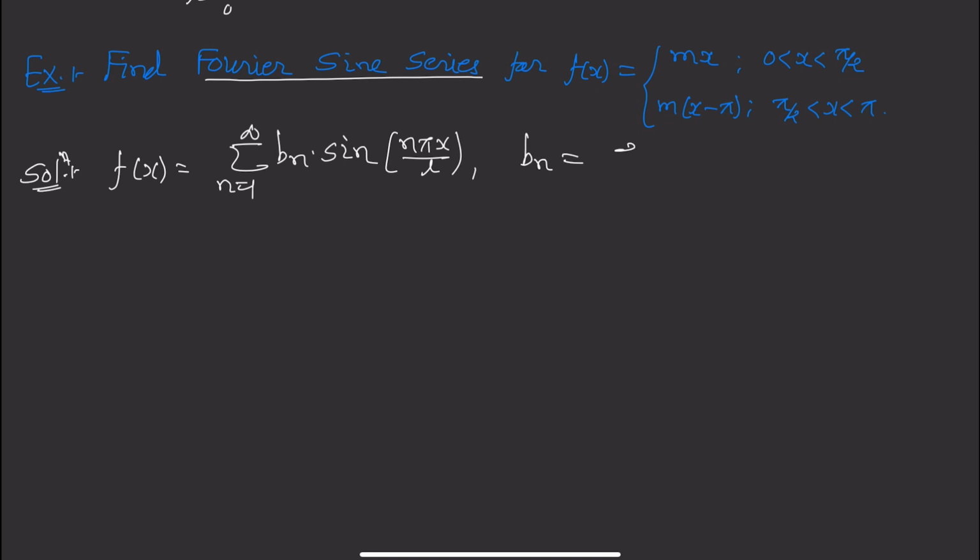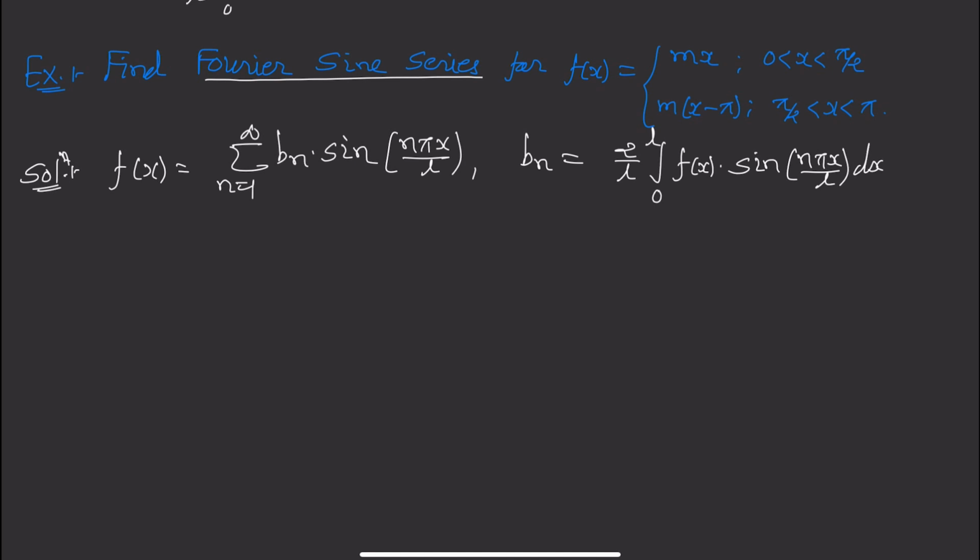Bn is equal to 2 upon L integration 0 to L f of x into sine n pi x upon L dx.